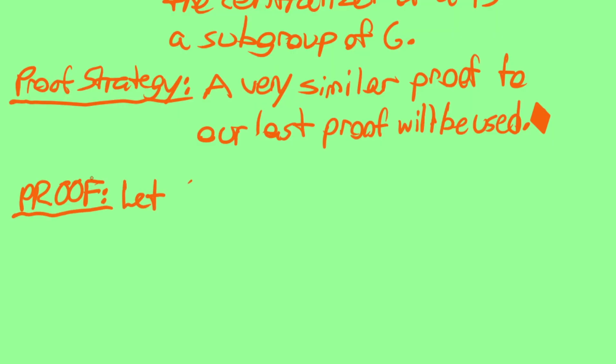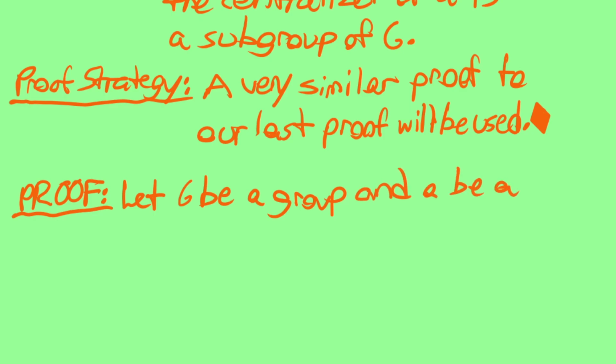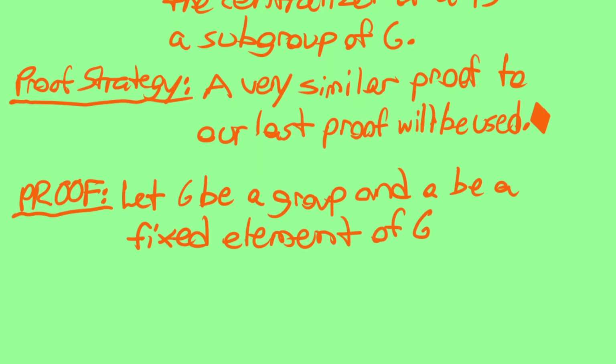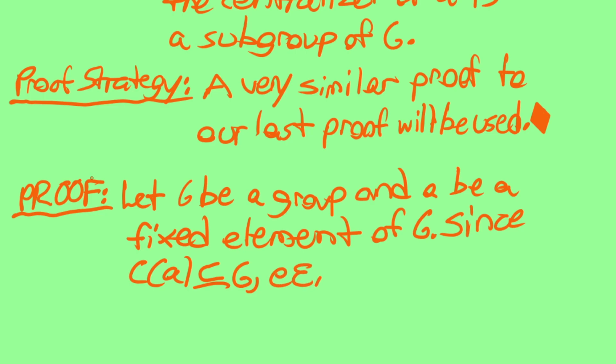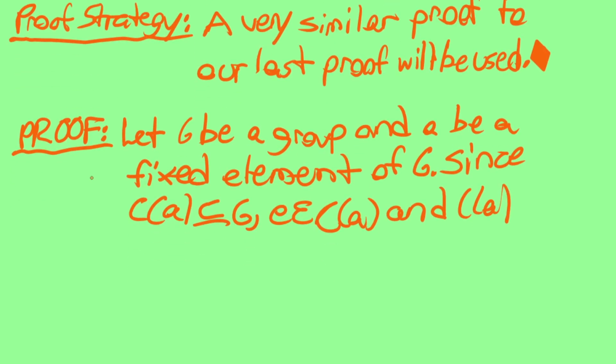So let G be a group and A be a fixed element of G. So since the centralizer of A is a subset of G, the identity element is an element of our centralizer, and our centralizer is non-empty.